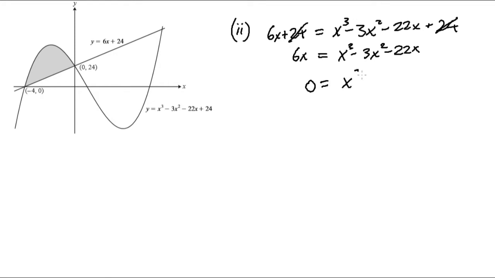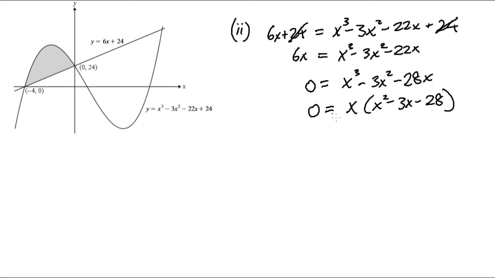So x cubed minus 3x squared minus 28x is 0. Now we need to do factorization on the right. Since every term has an x, we can take x out and leave everything in brackets. And that is factorized.